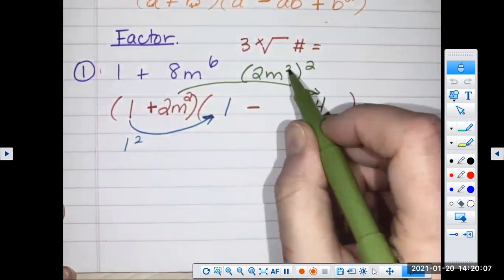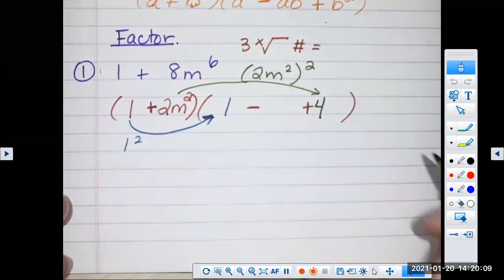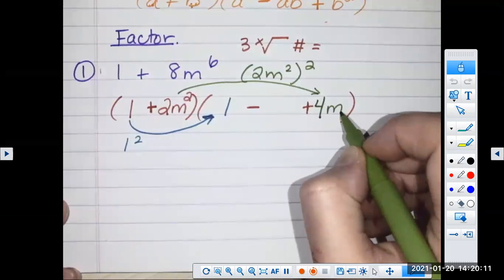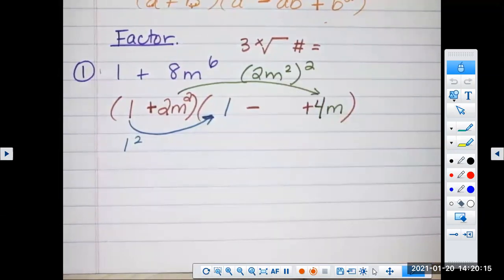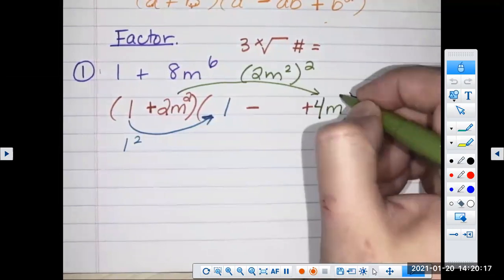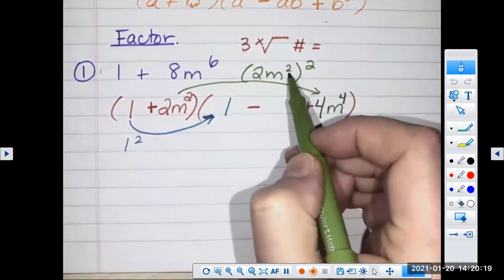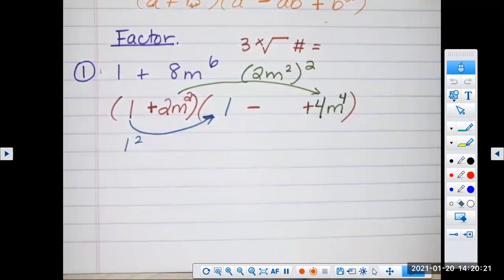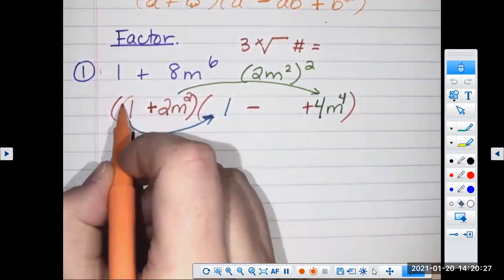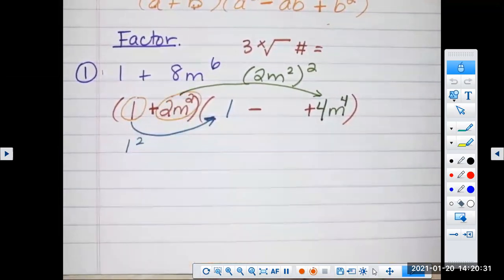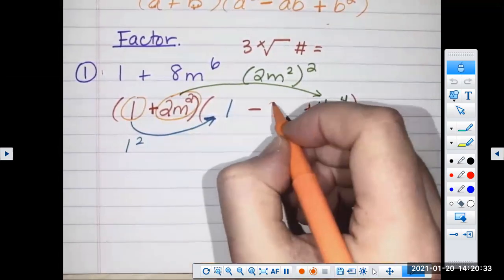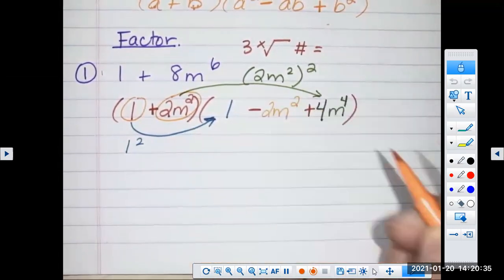M squared is what? What's m squared times m squared? There you go. Exponent to exponent, multiply. And then to get the middle term, you take 1 and 2m squared. You multiply that. So that's, of course, going to give you just 2m squared.